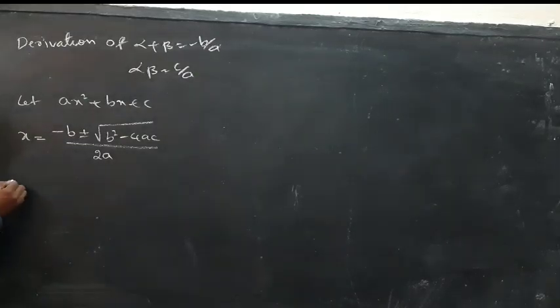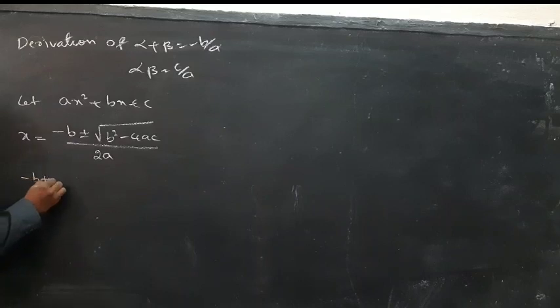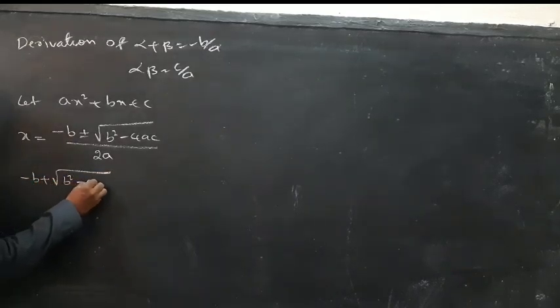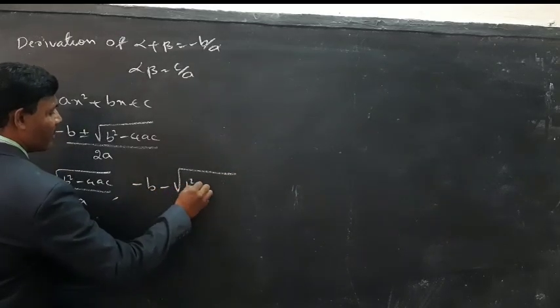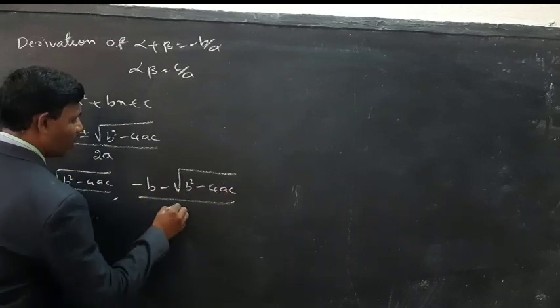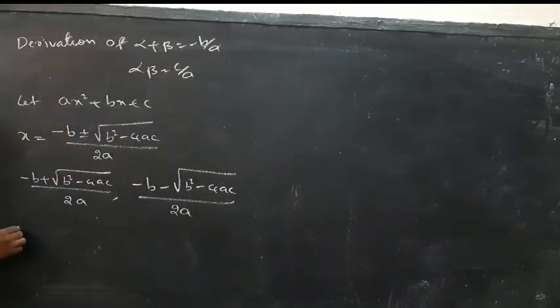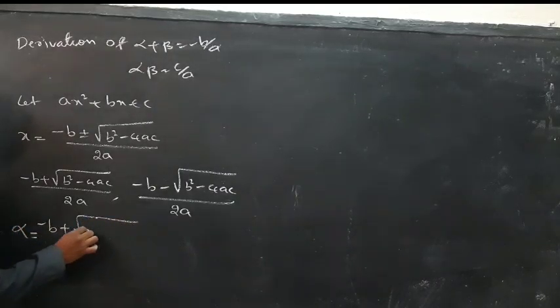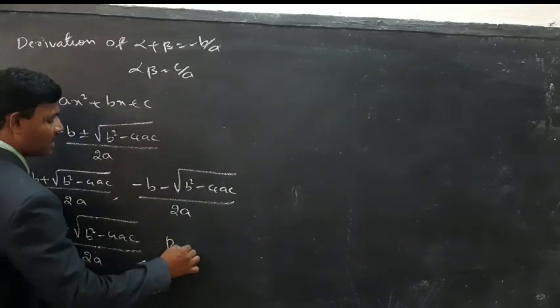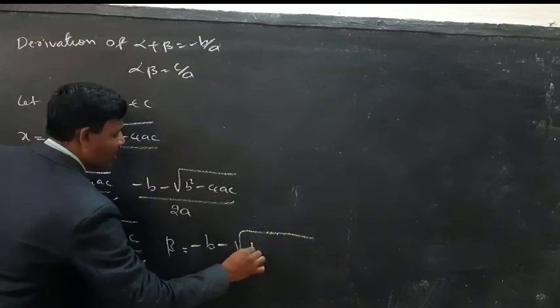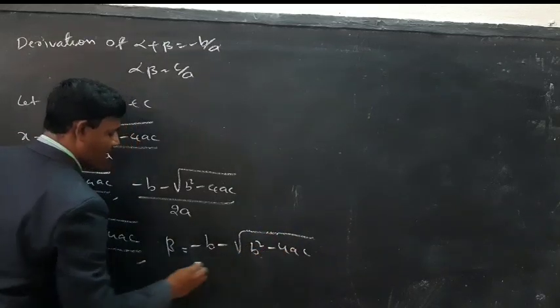Let me take one as alpha: alpha means minus b plus under root of b square minus 4ac by 2a. Similarly, beta is equal to minus b minus under root of b square minus 4ac by 2a.